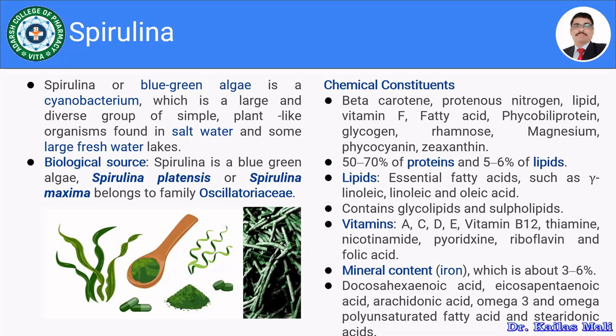Spirulina comprises approximately 50 to 70% protein and 5 to 6% lipid. If we require proteinous food, spirulina could be helpful, as it comprises approximately 50 to 70% protein.